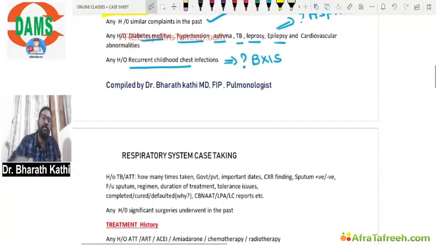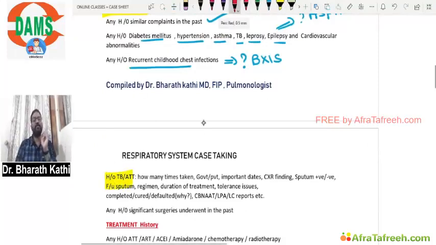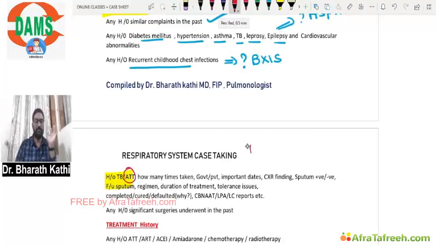Then very important is you should ask about history of tuberculosis. Once you are asking about TB history, make sure you are asking about ATT also. If the patient says that he is having tuberculosis, first thing, was it pulmonary or extrapulmonary?